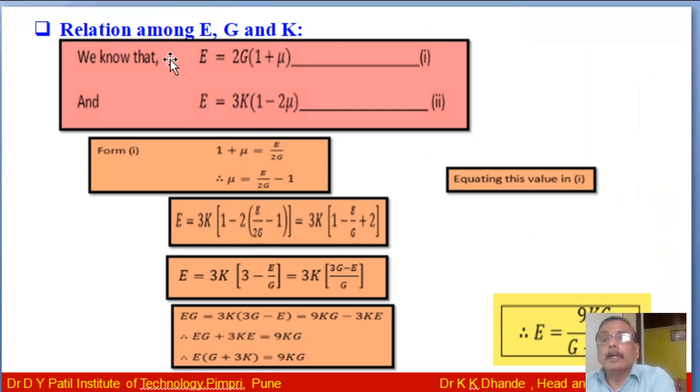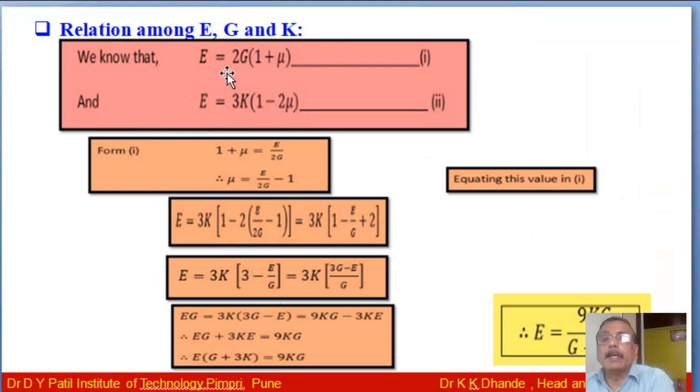Second, the relationship between E and K: the modulus of elasticity E is equal to thrice K times bracket 1 minus twice mu. Here K means bulk modulus and mu is Poisson's ratio. And here we form one relation between these three moduli; please check the derivation format.